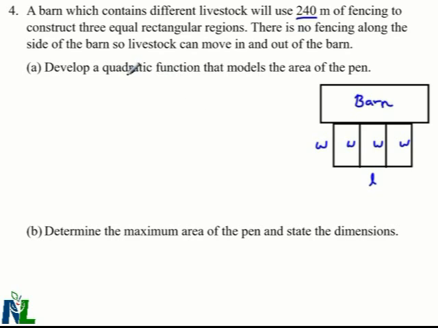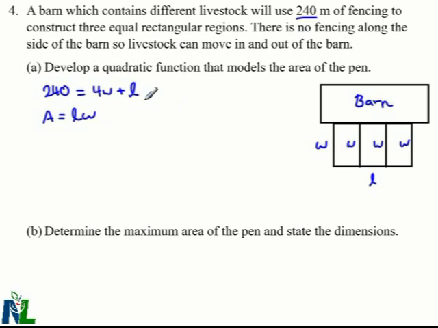So when I need to develop a quadratic function that models the area of the pen, I'm going to use 2 formulas. I'm going to use one that relates the total length of fencing that I have to the 4 widths and 1 length, as well as a formula that relates the length and the width using area.